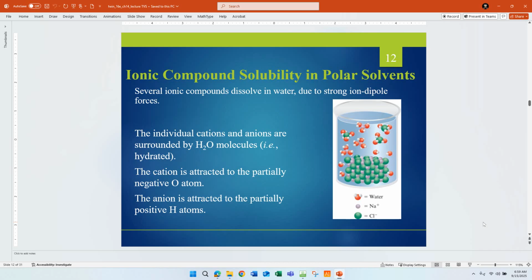And you see the oxygen surrounded by this light gray atom. That light gray is the positive sodium. It's also up here at the top. The negative oxygen is attracted to the positive Na. So it just kind of picks it apart like a puzzle.